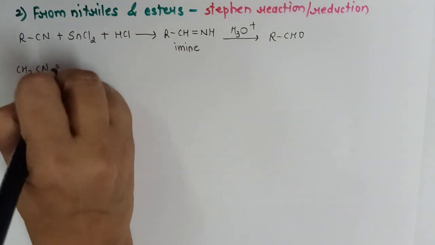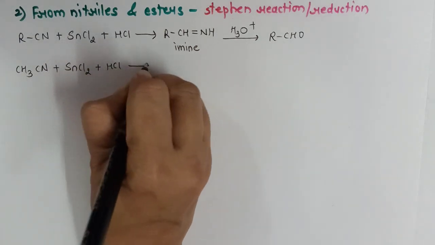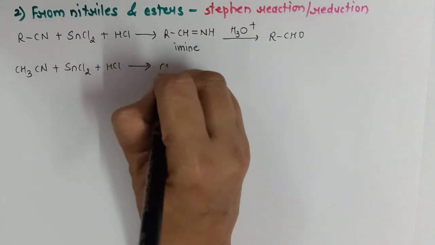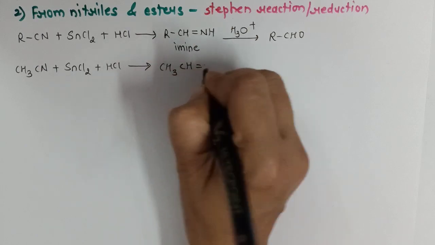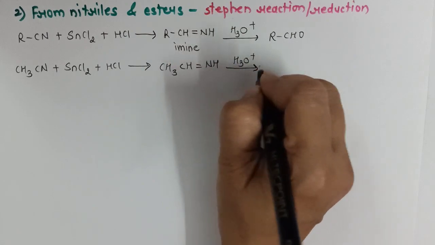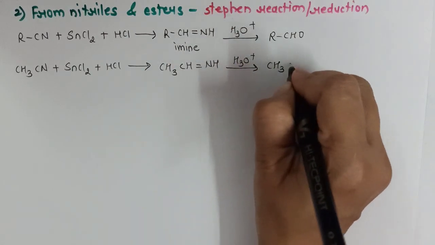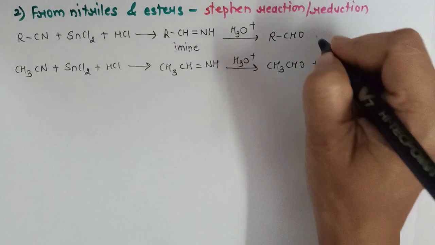Methyl cyanide, when treated with stannous chloride and HCl, gives imine, which on further hydrolysis gives us ethanal and ammonia as a byproduct.